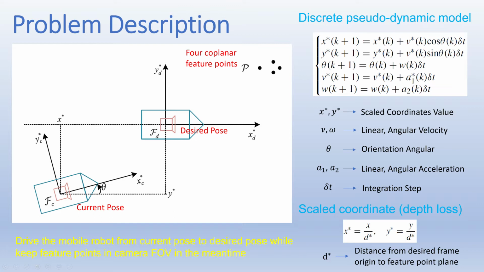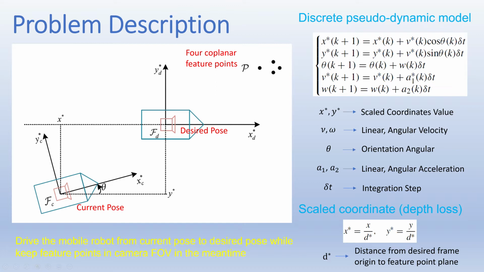And it also demands that we keep the feature point, which is the object of interest we want to observe using this camera, within the camera field of view all the time as it moves along the way to the desired pose. And that is the specific requirement for this task.